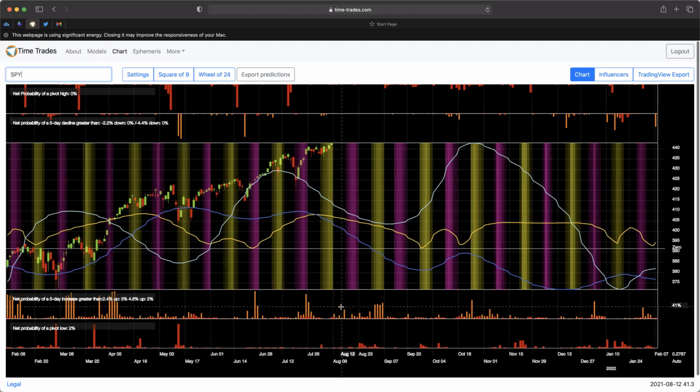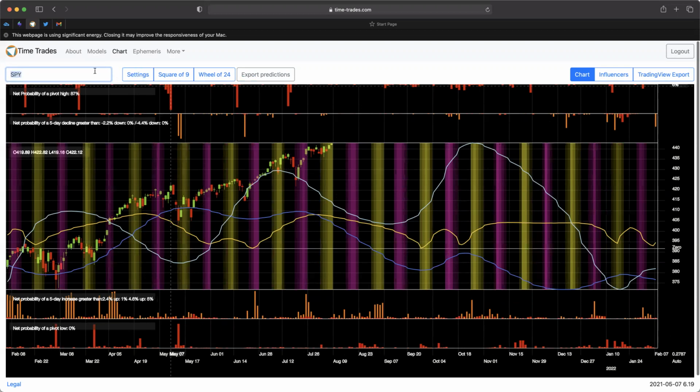And remember, whenever I see a situation like this where I see moves up into a pivot low, I tend to put the priority on the pivot low, because they are on average more accurate measures in time trades. Okay, so something to be aware of. We've got a potential for a pivot high in the Dow on August 12th, and potential pivot lows in the Spiders on August 23rd.